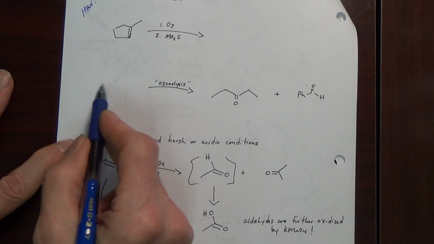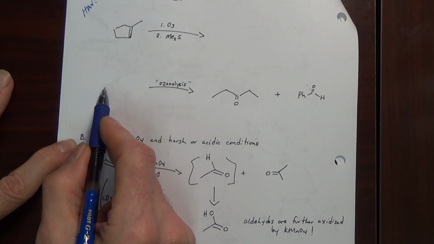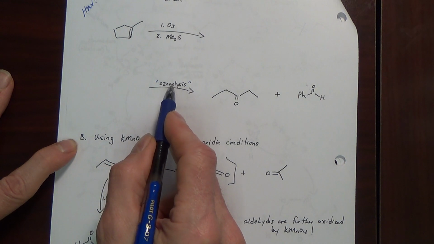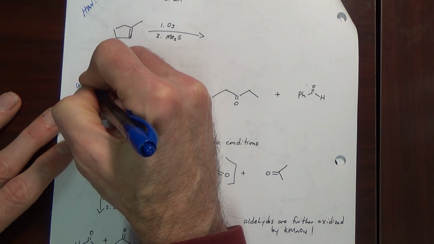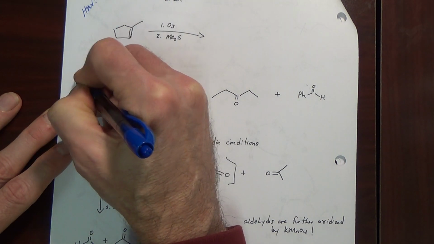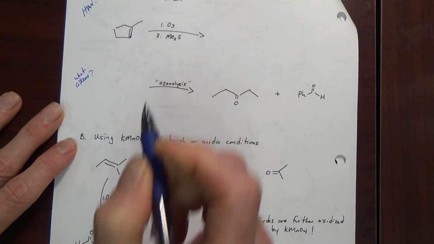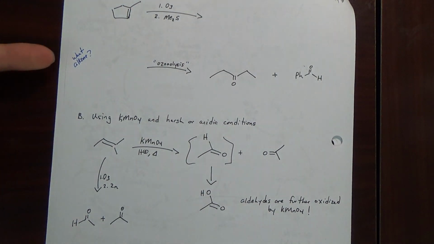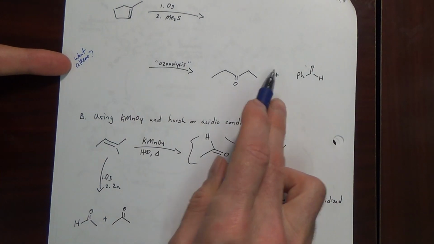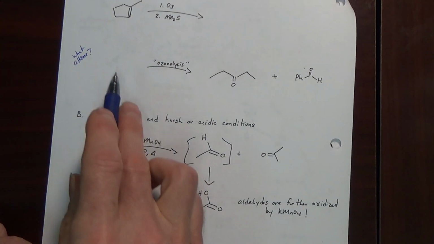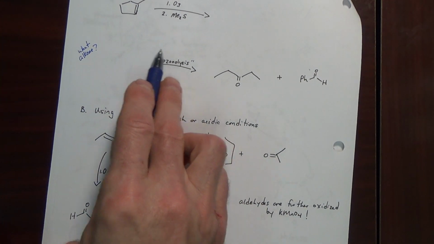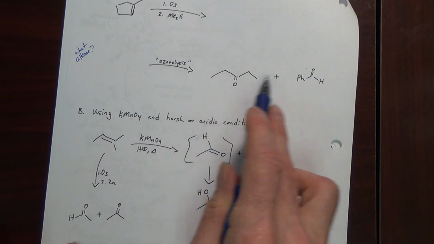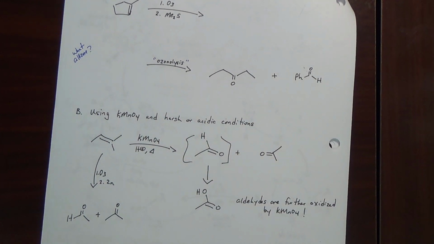You could say, well, do I need to show the ozonide? No. Ozonolysis refers to, we're starting with an alkene, and we say that an alkene undergoes ozonolysis. So what alkene would you react with ozone followed by a magic step to give these two products? Thinking backwards.